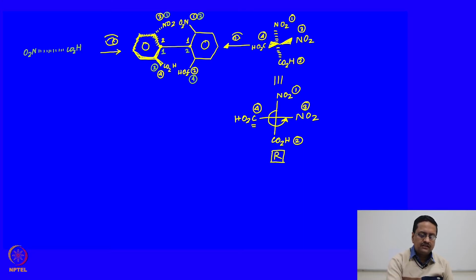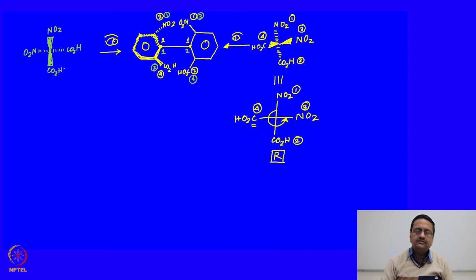Similarly, for the second carbon, two groups are pointing towards me above the plane of carbon number 2, and the upper one is nitro and the lower one is CO2H. So, nitro is here and CO2H is there.